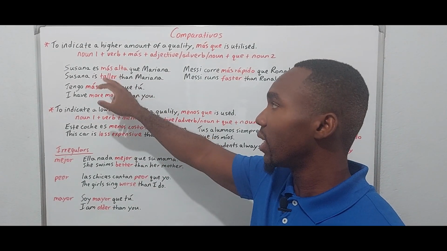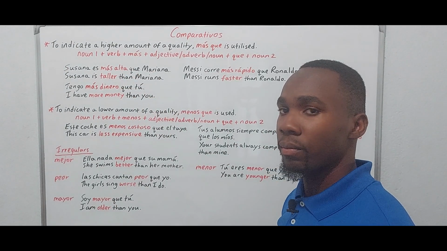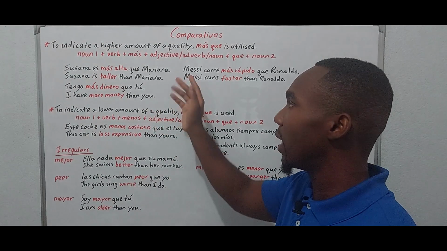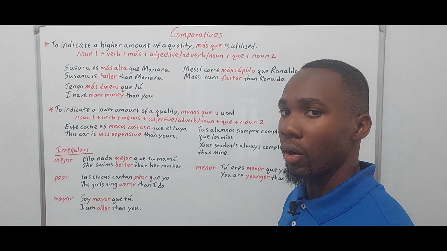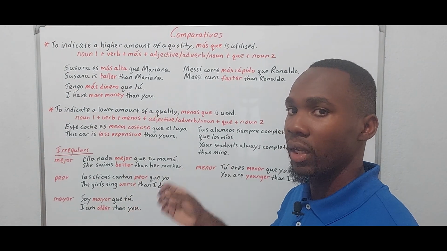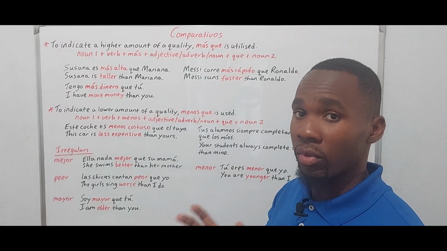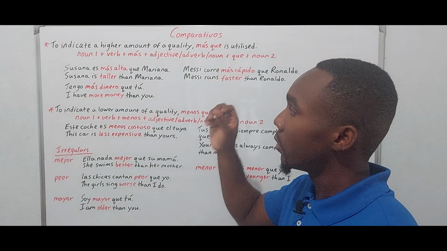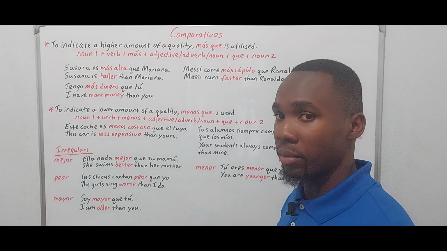So because Susana is singular and feminine, we have alta. Que Mariana. So if we use an adjective or a comparative adjective, it must agree with the noun, the first noun, the subject. It must agree with that noun in terms of gender and number, right?